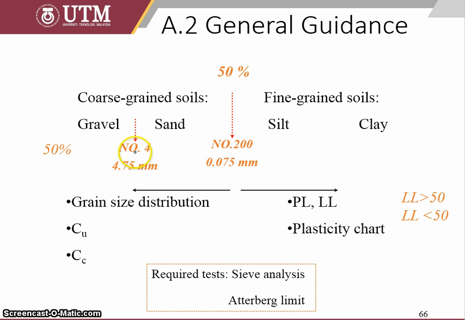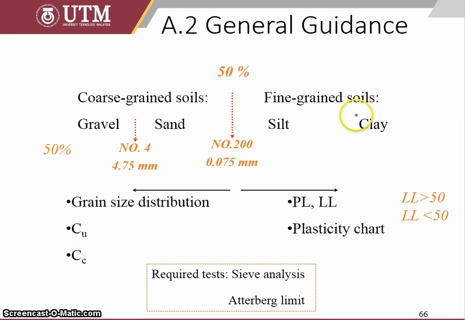If the number 4 results retain more than 50%, it is a gravel soil, and then we have to check the CU and CC and classify the soil. If more than 50% is passing number 4, it means it is a sandy soil. Similarly, we also need to plot the grain size distribution, check for CU and check for CC, and classify the soil.